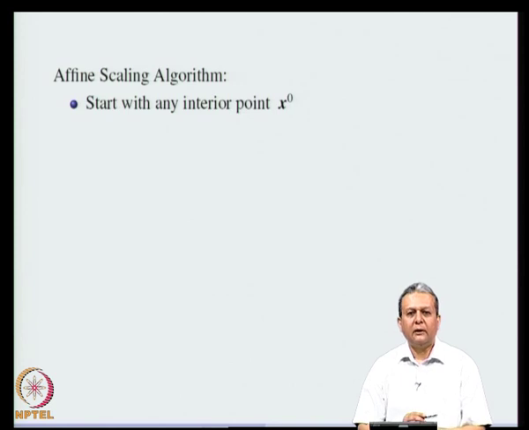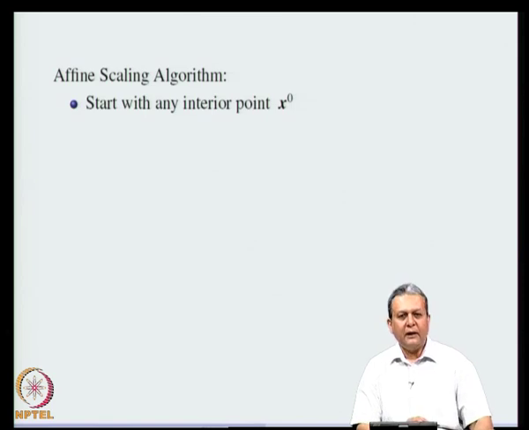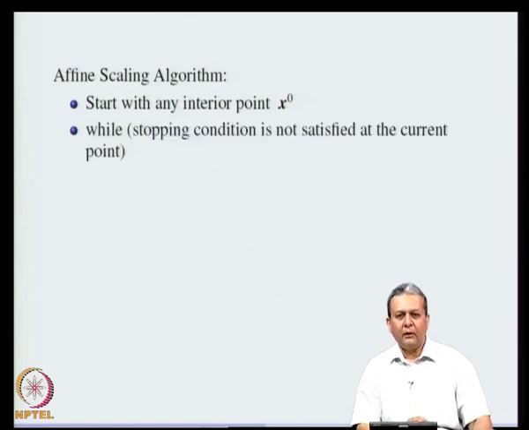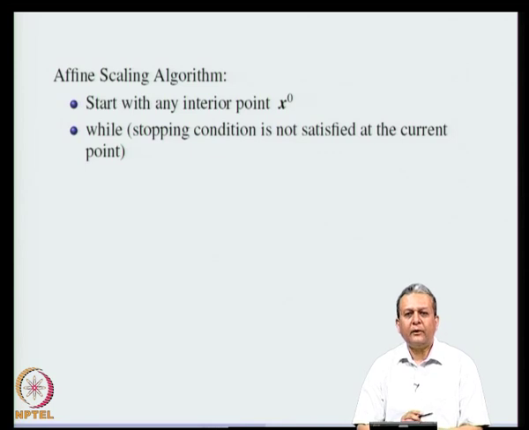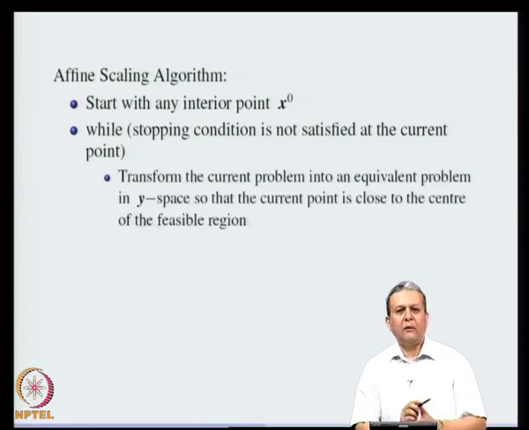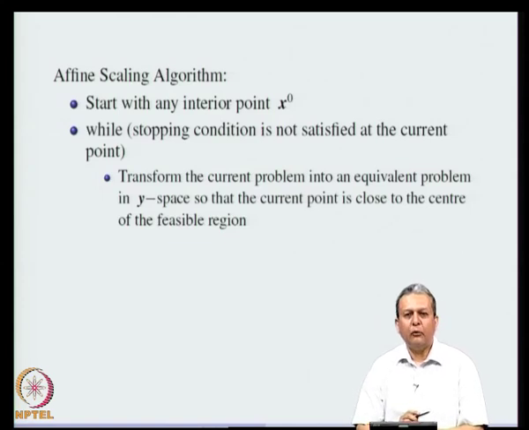So, now let us look at a general idea of the affine scaling algorithm. We start with any interior point x naught. Now, while some stopping condition is not satisfied at the current point, the algorithm first transforms the current problem into an equivalent problem in Y space.